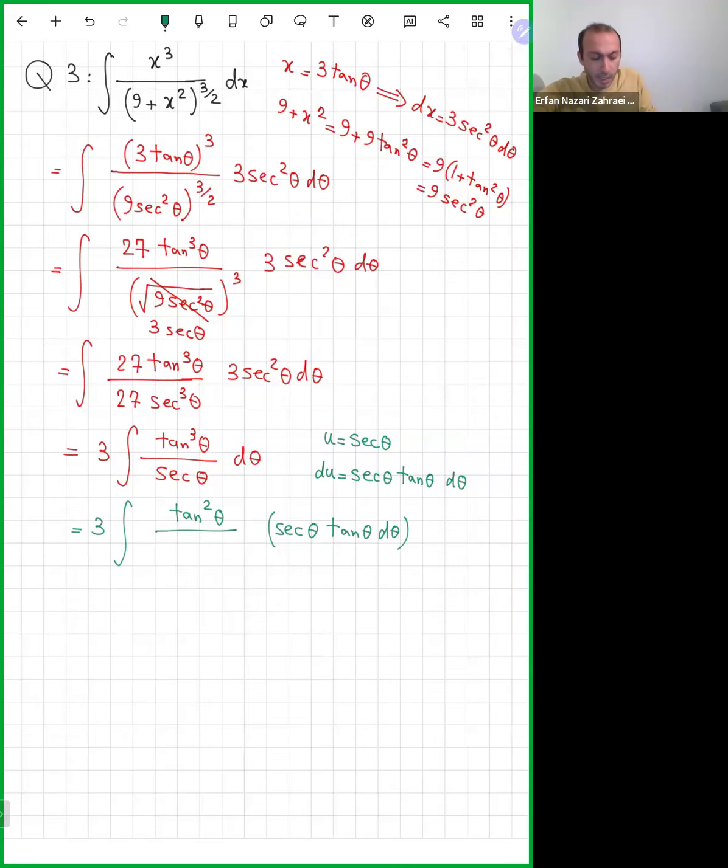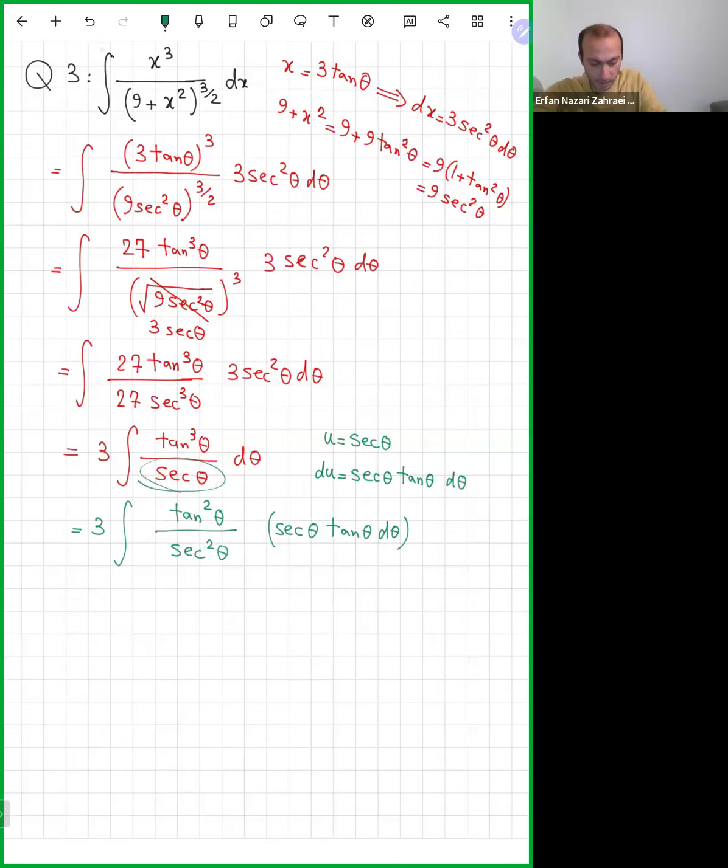Good. I had originally only one secant in the denominator, but now I have added one other secant on top. I didn't have any secant on top. So to make sure that this expression is the same as this, I need secant squared, one extra secant other than this in the denominator, to make sure that this cancels one of these, and then I get one, the same as I had here.